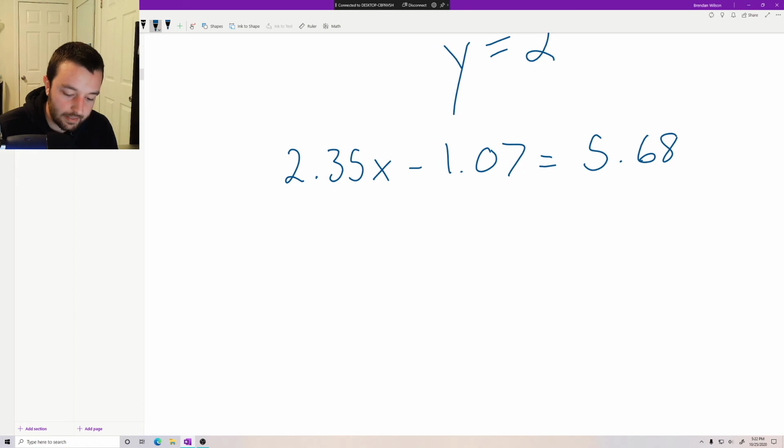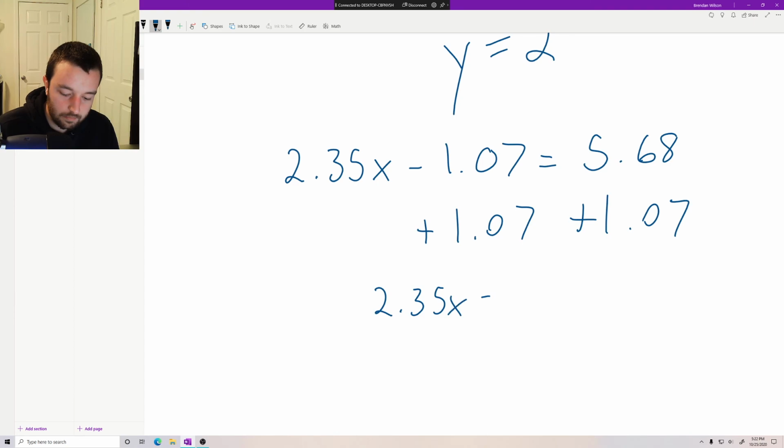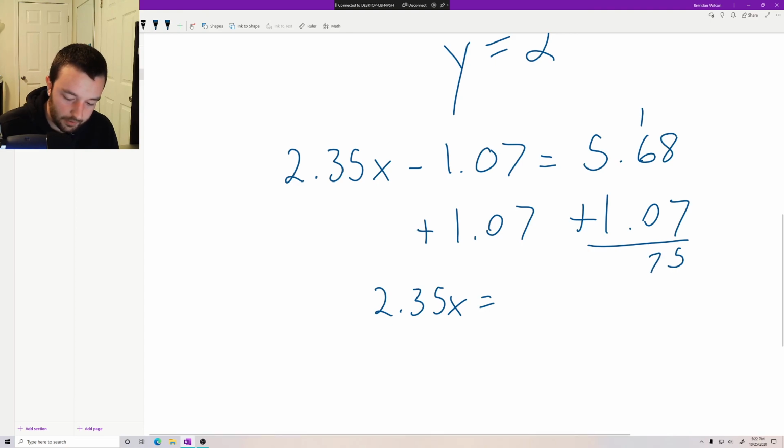But for the process, we first want to get rid of the 1.07, so we add that to both sides. This one you can line up and do by hand if you would like to. So we get 6.75.